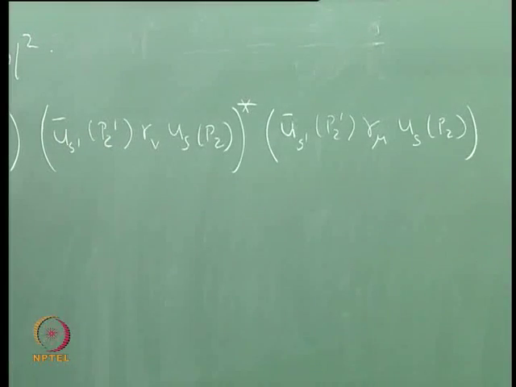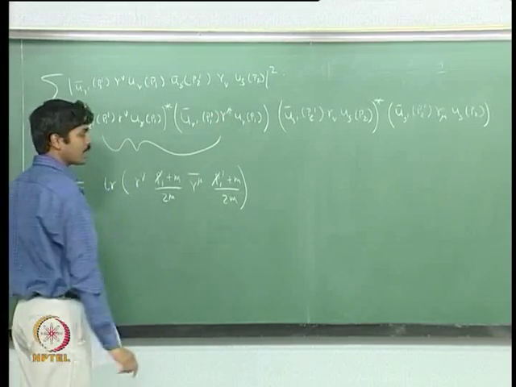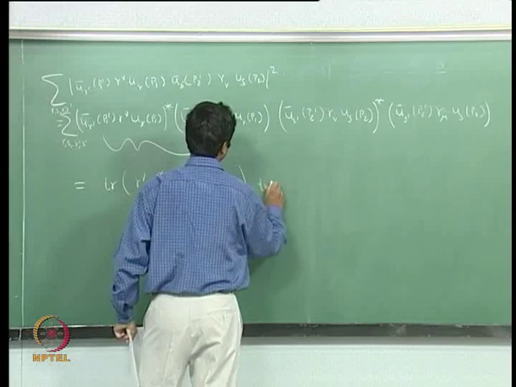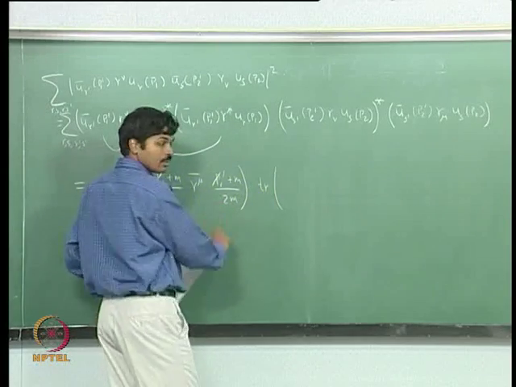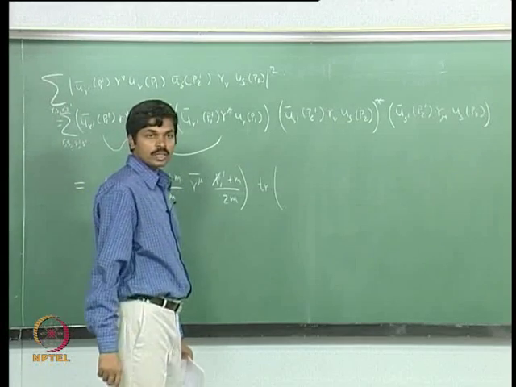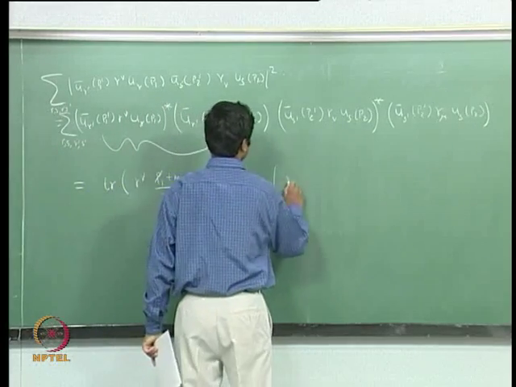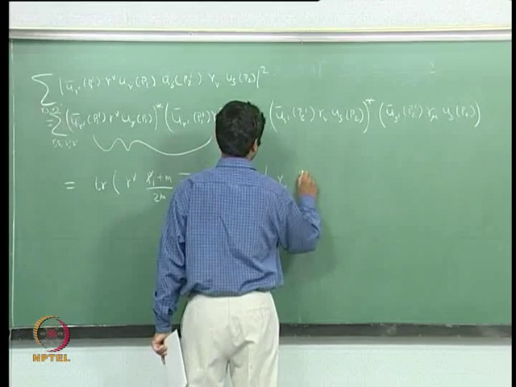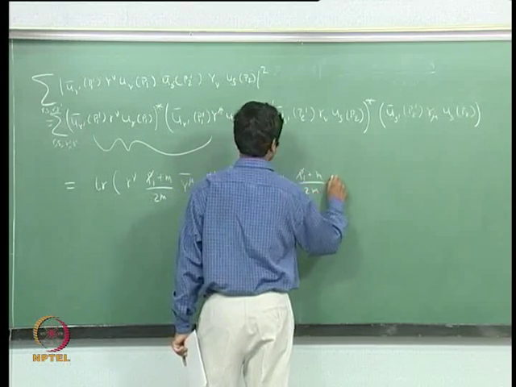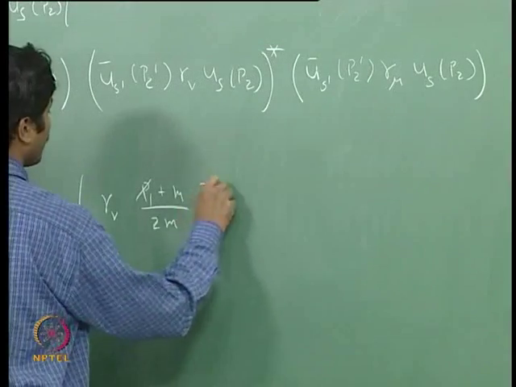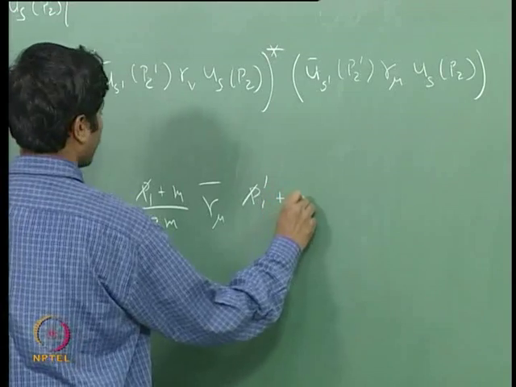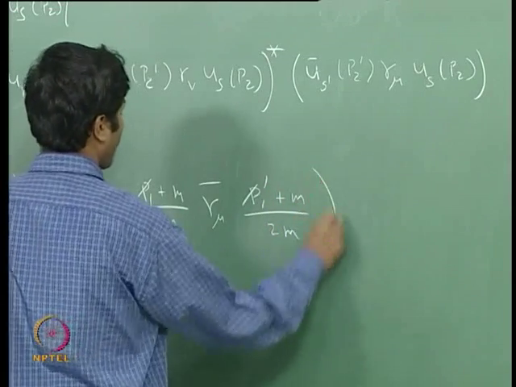So, the whole thing is going to be the product of two traces, one is this and the other is again the trace of the same thing, but the mu and nu indices are contracted properly. So, this is gamma nu (P1 slash plus m)/(2m), gamma mu bar (P1 prime slash plus m)/(2m).